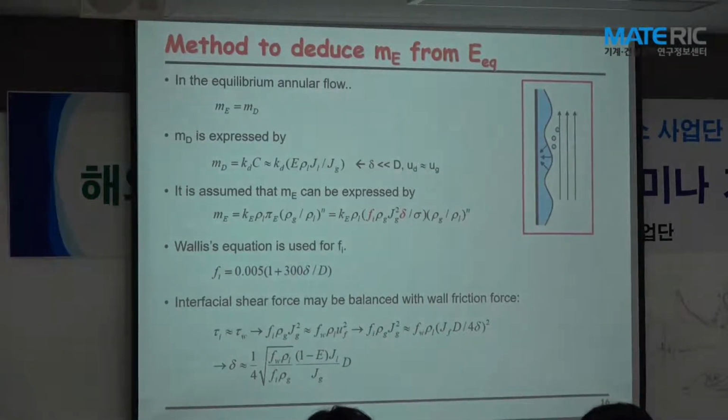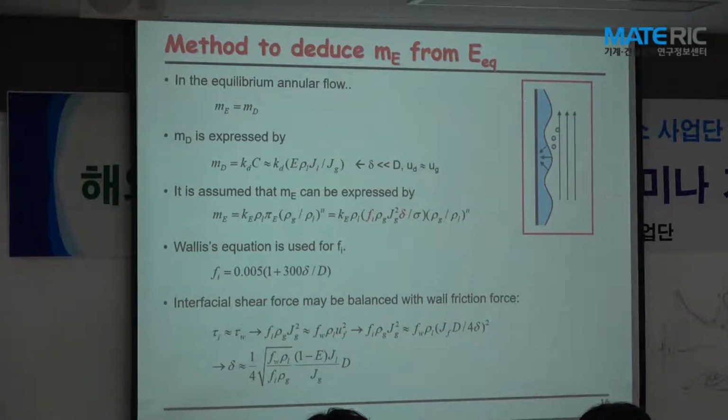And after that, this one is the surface shear force divided by the surface tension. Therefore, we should evaluate the frictional factor accurately. Density is okay, and the gas flow rate is the experimental condition. Also the evaluation method of the film thickness is important.